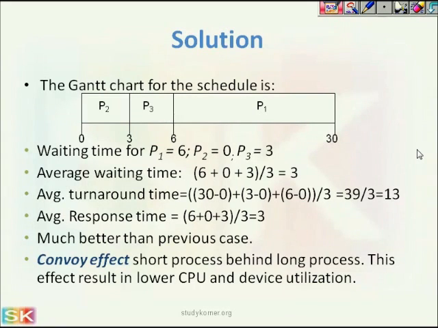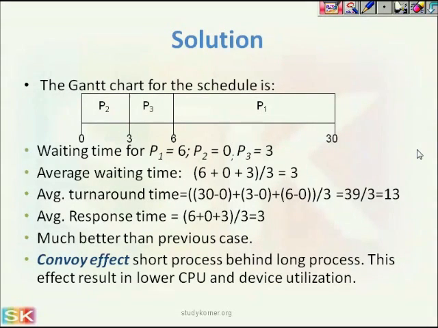So the convoy effect says that short processes behind long processes may lead to lower CPU utilization, right? So this is the convoy effect.